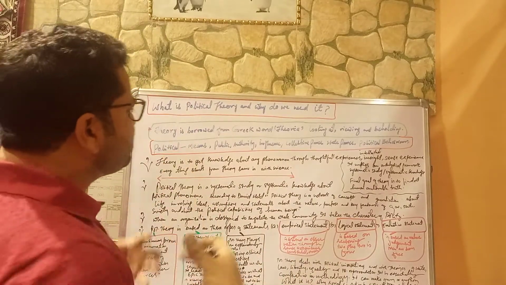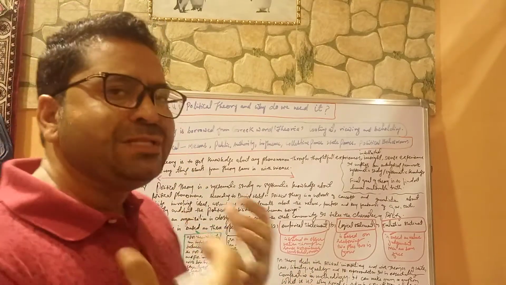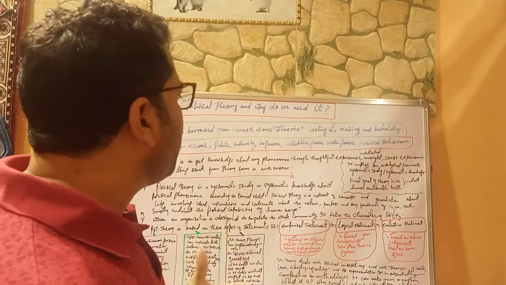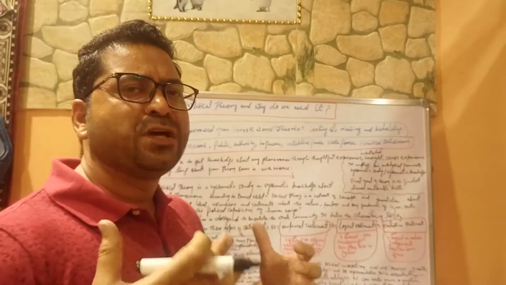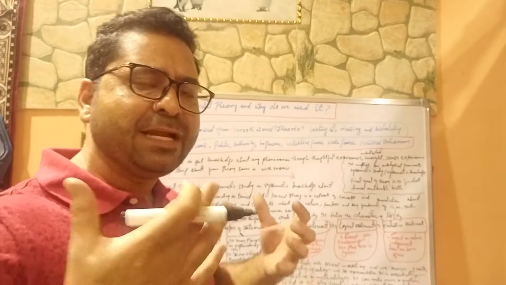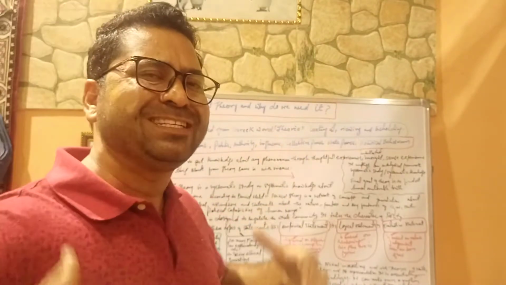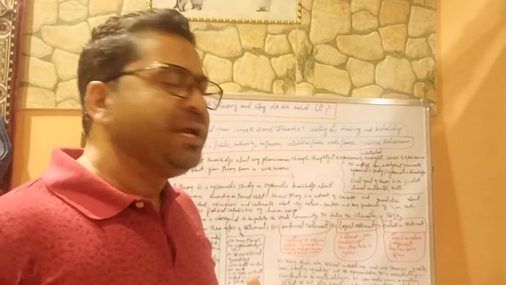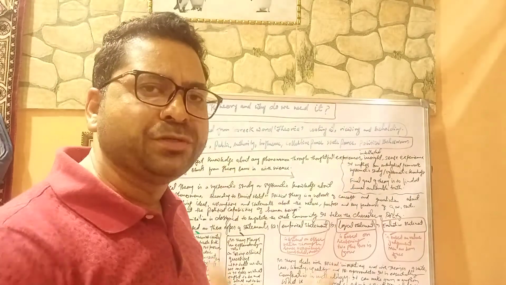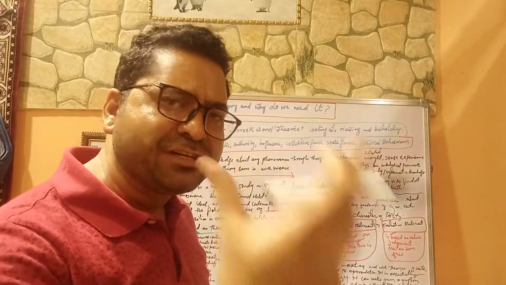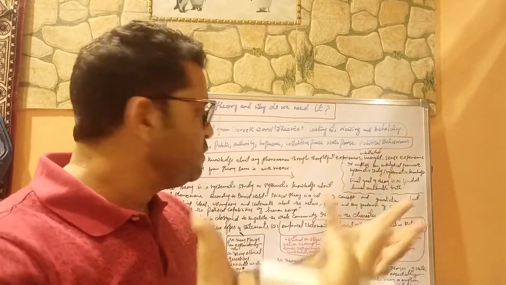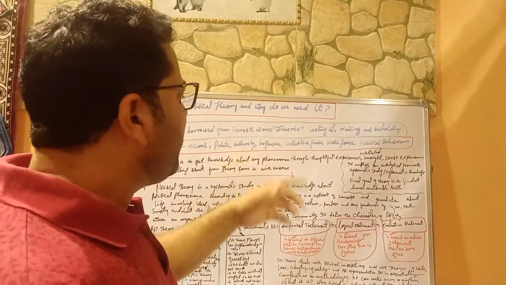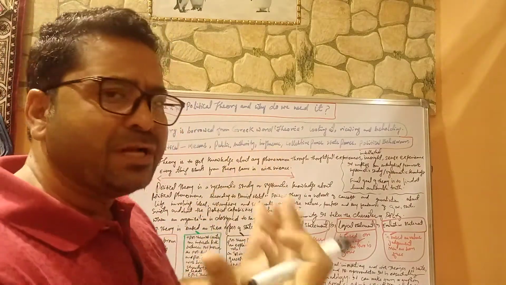So political means public, and political also means authority. We believe that the state is the highest political organization, the highest political entity, and it has the highest political command within a particular territory where the people live.